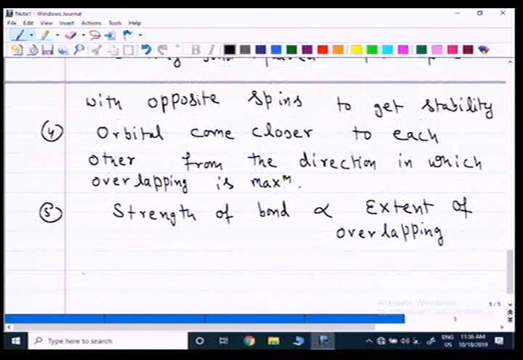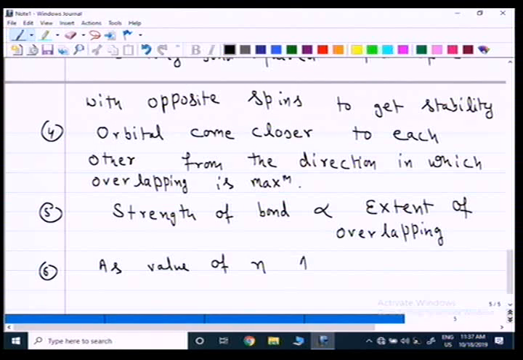Next, as the value of n increases, bond strength decreases.